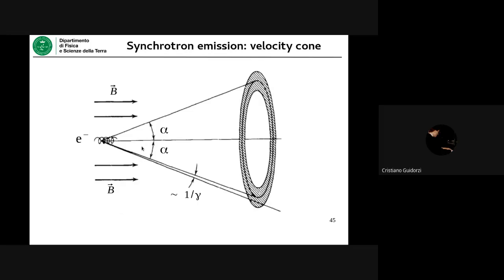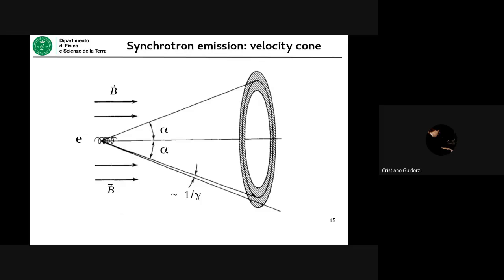But now, if you think of the directions where most of the radiation by this specific electron is emitted, you have to consider that the electron emits most of its radiation close to its velocity, within 1 over gamma angle, the relativistic beaming.